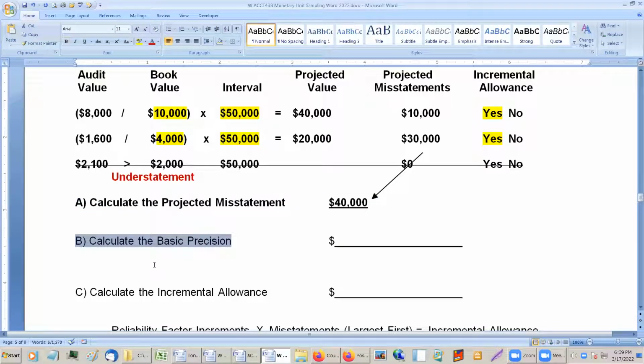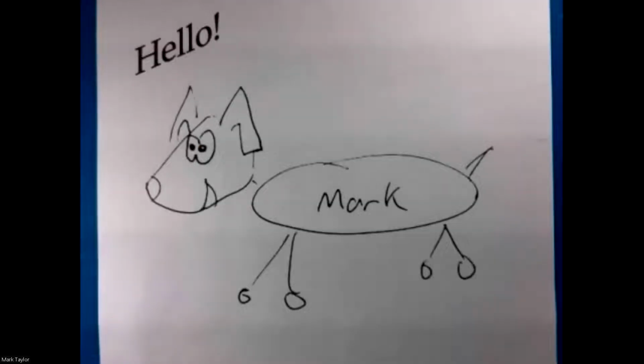Next two things we're going to do for this are basic precision and incremental allowance. And let me do something here. One of my world famous drawings.